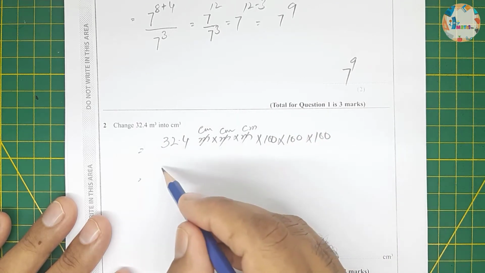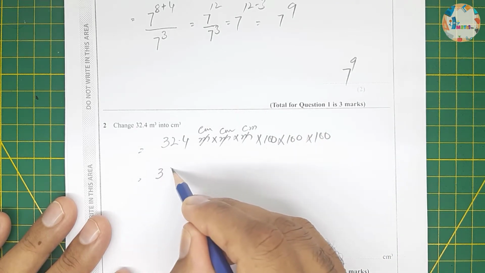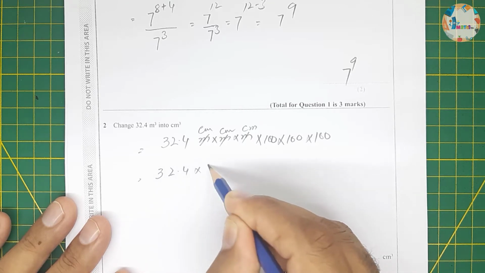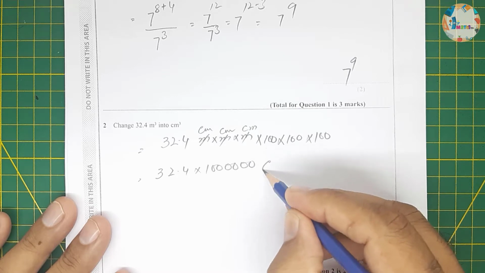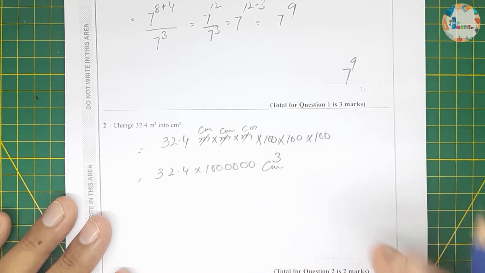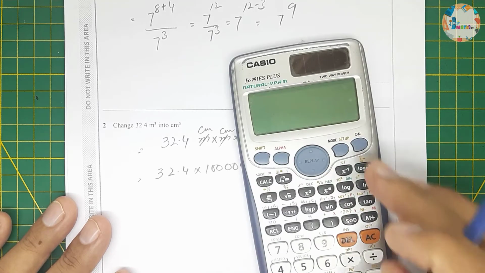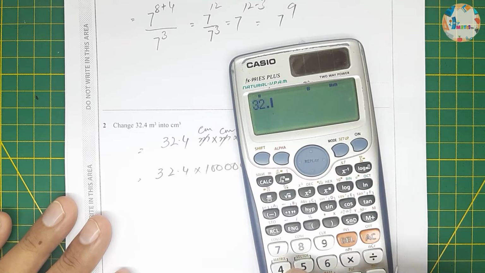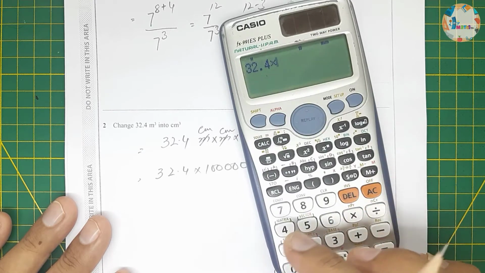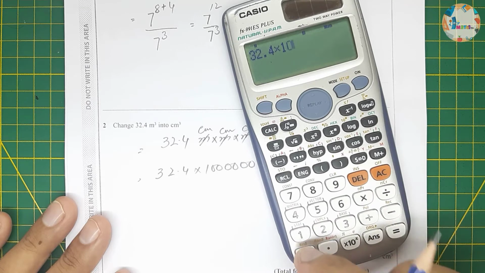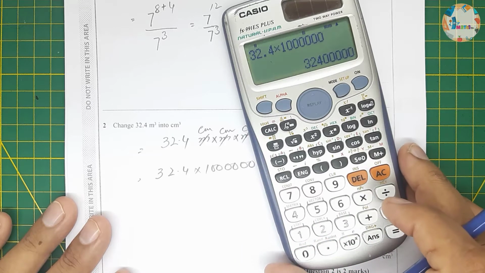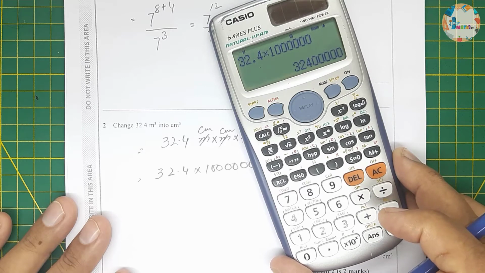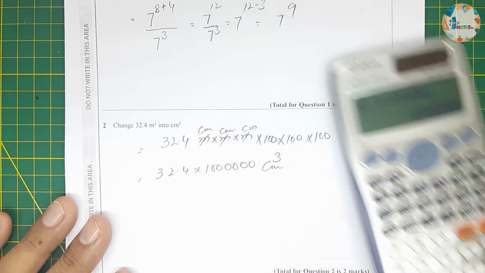Now we can write it as 32.4 into 1, 2, 3, 4, 5, 6 zeros, and this will be centimeter cube. And if we multiply this with the calculator, for your understanding I'm just telling this, 32.4 into 1, 2, 3, 4, 5, 6 zeros, this will be equal to 3 2 4 and 5 zeros.